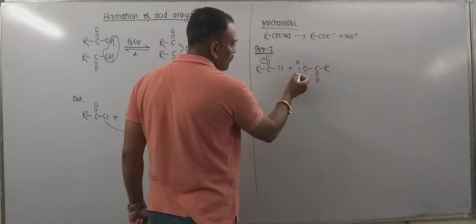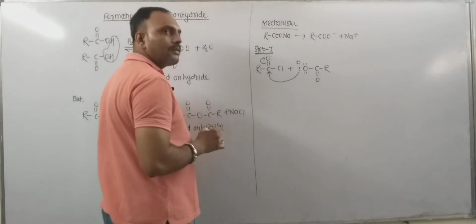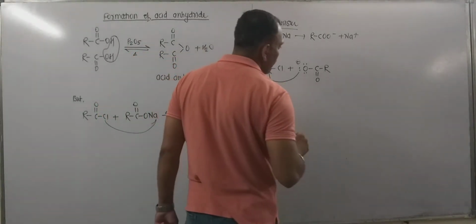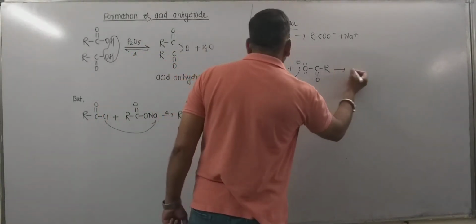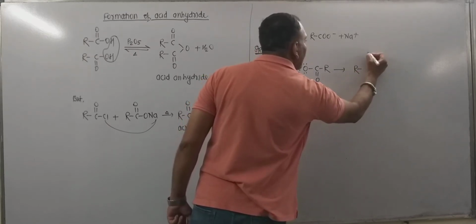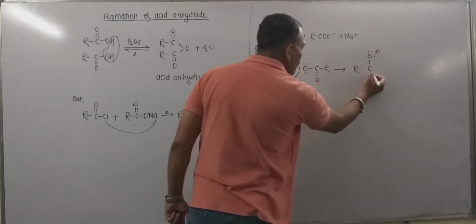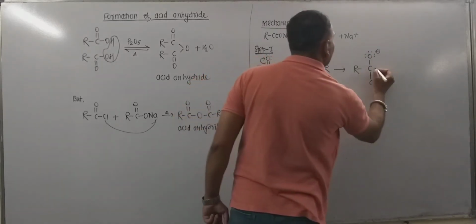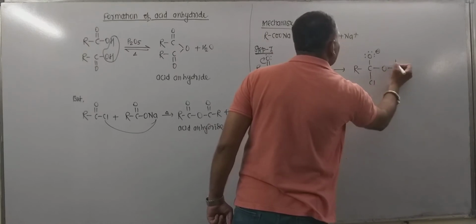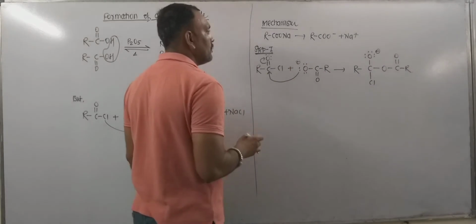Now this oxygen attacks the carbon of what? Acyl chloride, and that leads to the formation of an intermediate which can be given as: an oxygen bearing a negative charge, this chlorine, and OCOR. This is for sure.